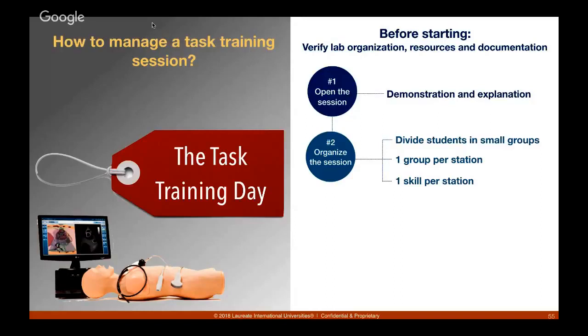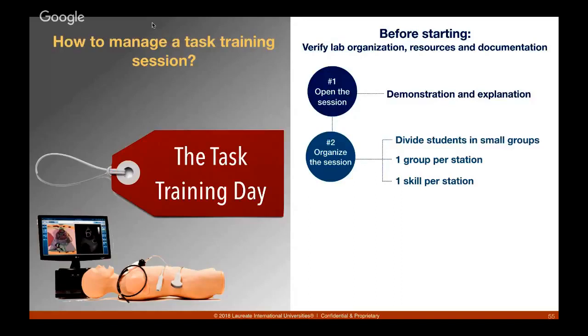Maybe you want to split the entire group in two, and you can have a test training session with half the group, and the other students are going to get a clinical case, case study, or any other activity, while you are with the other students in the test training session.